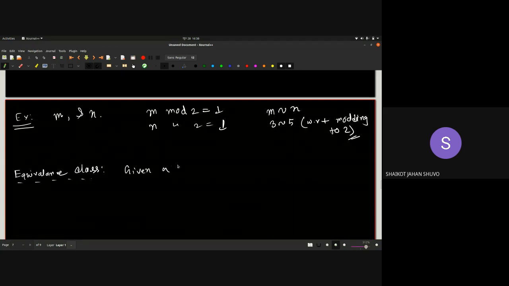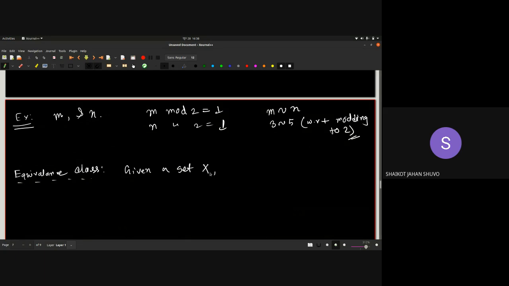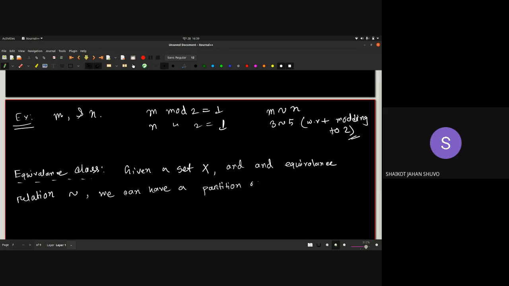Given a set X and an equivalence relation, which is given by this symbol, we can have a partition of X into mutually disjoint subsets that are called equivalent classes.